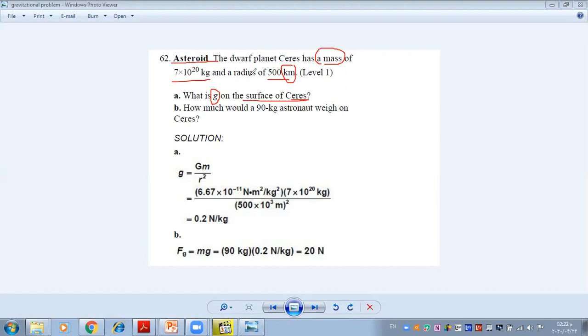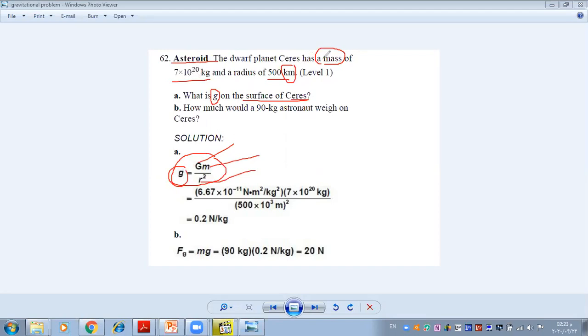So to calculate gravity on any planet, you will use this law. This is the gravitational field on the planet. What is G? Universal gravitational constant. What is M? Mass of the planet. What is R? Radius of the planet. So you have here the mass of the planet, 7.7 times 10 to the power 20.